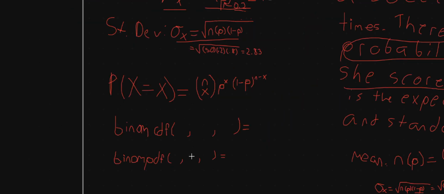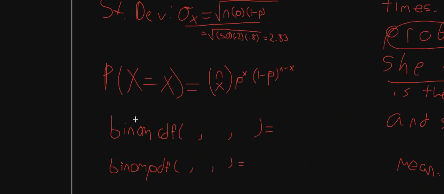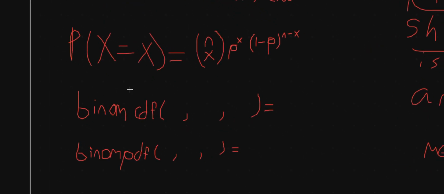Alright, so here we have what you would do to calculate a probability that is very, very common in AP Stats, multiple choice, and FRQs. Matter of fact, on my own AP exam, it showed up multiple times.